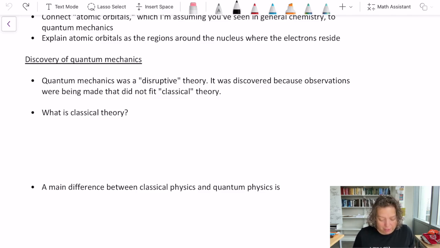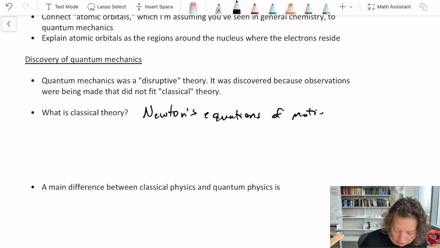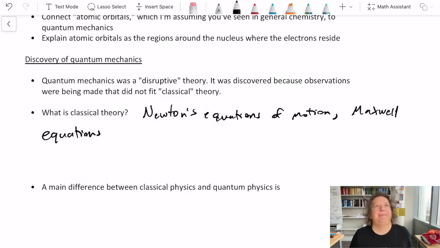Classical mechanics is essentially the observable world, what we are used to observing. Classical theory essentially means Newton's equations of motion, and also the Maxwell equations, I believe, for electrostatics and electromagnetism. I may be getting this Maxwell piece wrong.